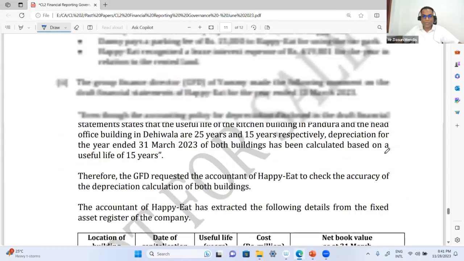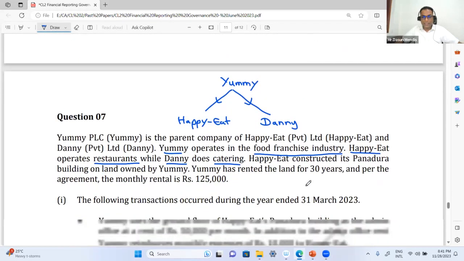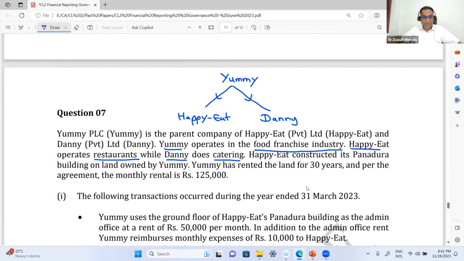Then Happy Eat, our reporting entity in this scenario, constructed its Panadura building on a land owned by Yummo.